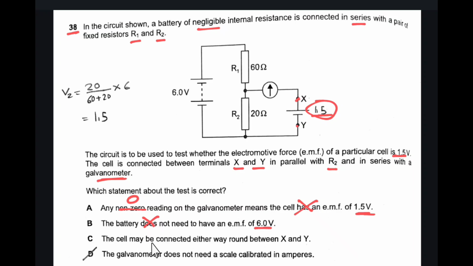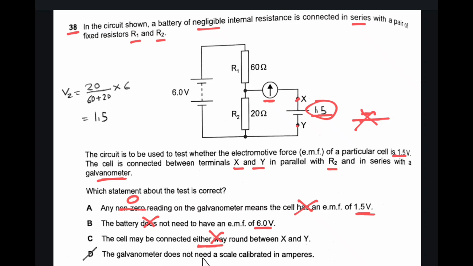Then the cell may be connected either way round between X and Y. That is, if we connect the cell this way round, reversed, this should show just an increase in reading or a different reading. So this statement is also wrong, because by arranging it either way we get two different EMF values, or as it is a galvanometer, two different current values.